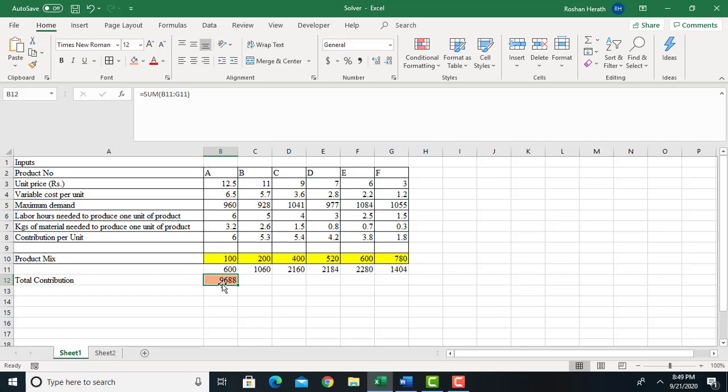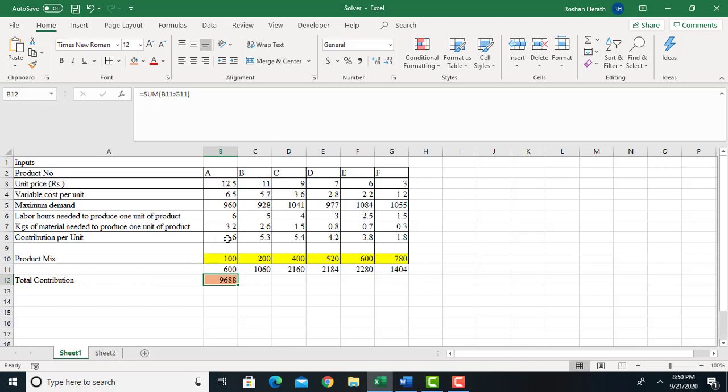But here, as we always mention, when it comes to model development, you need to uphold the basic principles of model development. One of the considerations is efficiency. So when you are performing this total contribution, it seems that it is not something efficient.